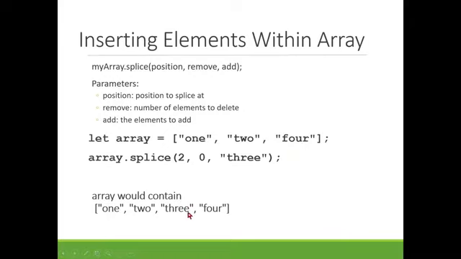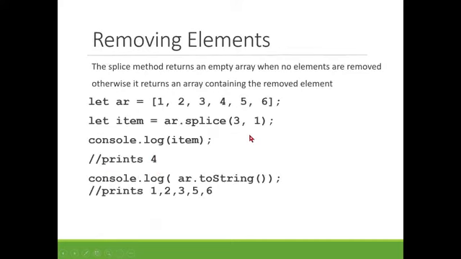And so 4 gets pushed to the next index, and we get 3 inserted there. And so this is how we insert something. Give it the index you want to insert it at, put a 0 here, we're not removing anything, and then the value that you want to insert. You can actually have multiple elements here to add, but you're not going to need to do that.